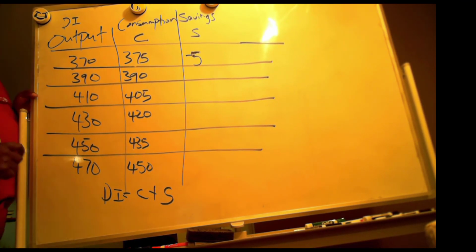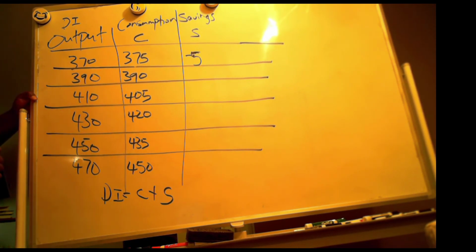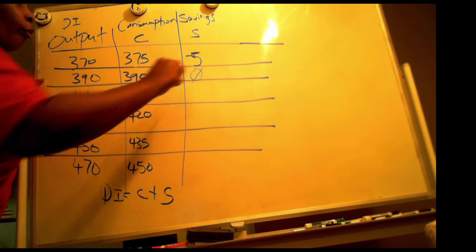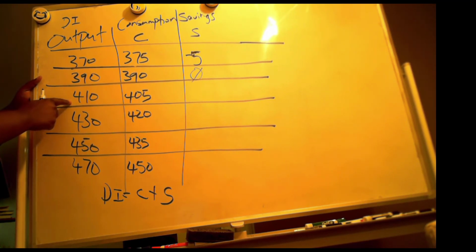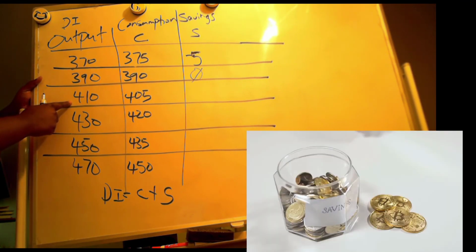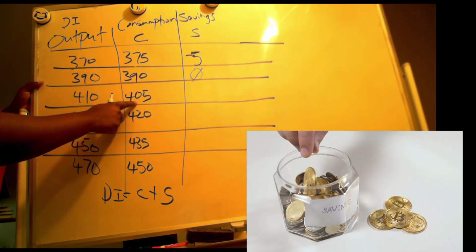Let's go to the next one. Your income is 390 and you're consuming 390 worth of stuff. What are you saving? Nothing. Zero. You get it? Let's look at another. Your disposable income is 410. Now you're consuming 405. So how much are you saving?